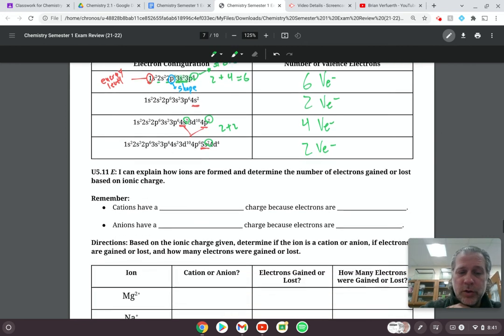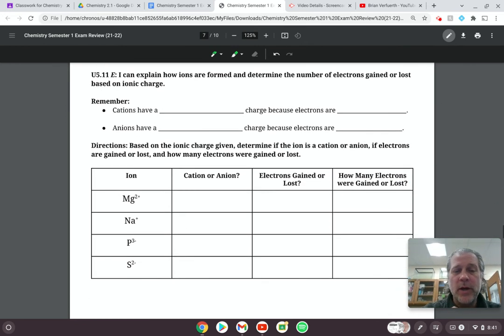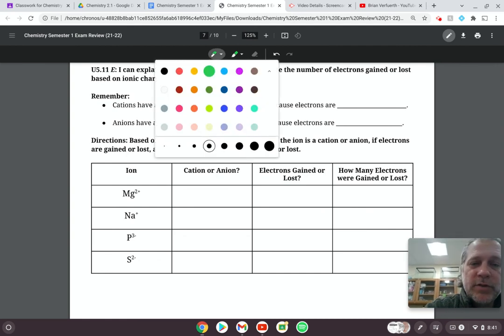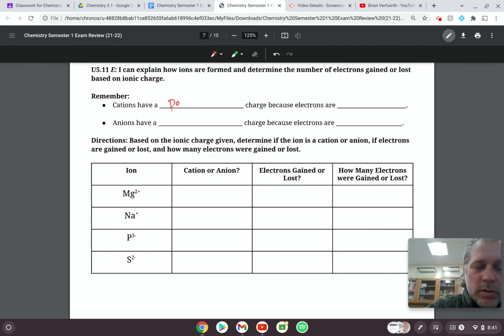Going along to ions and whatnot, cations have a positive charge because they lose electrons. Electrons are lost. Remember in my class we talked about cats being positive, cations.